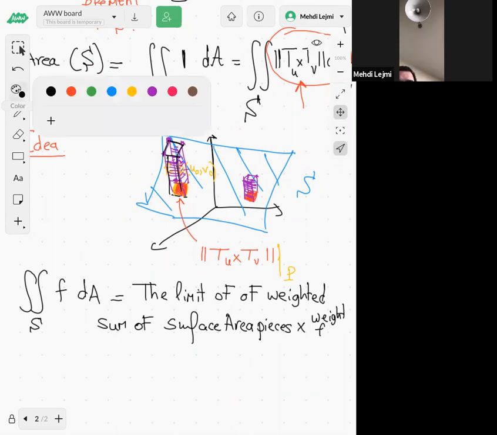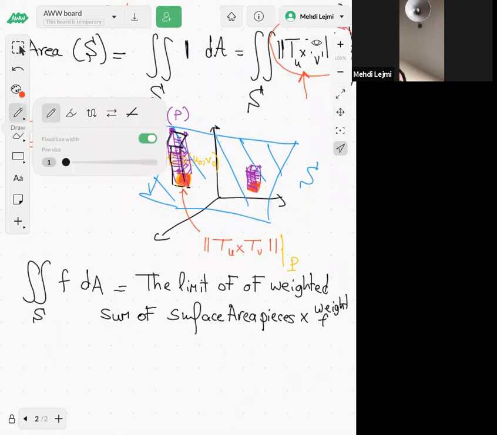Again, you do the same for each very small parallelogram, and then you take the limit.